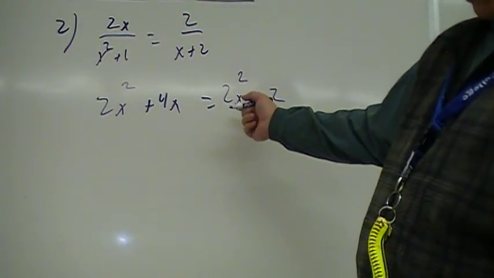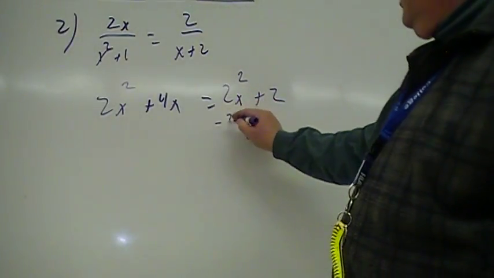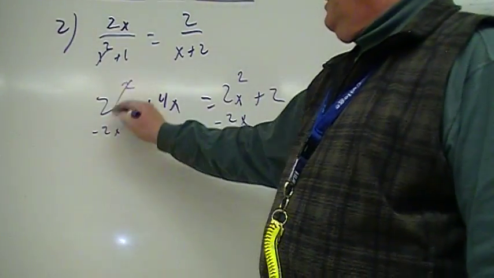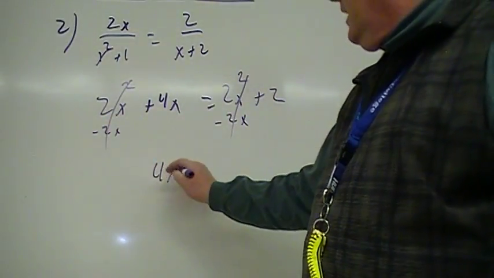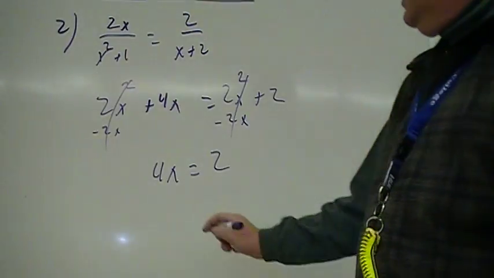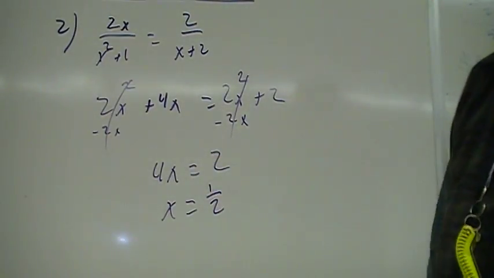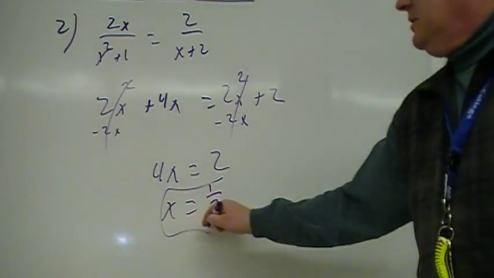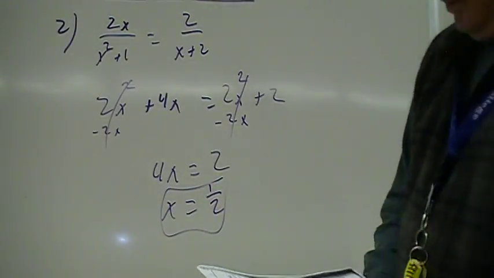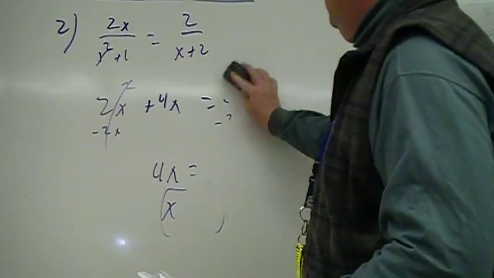Well, this again seems intimidating, but take away 2x squared, they're going to cancel. So 4x equals 2, x equals 1/2. Divide by 4, you get 2 over 4, which is 1/2. So you could solve it via algebra. There's number 2.